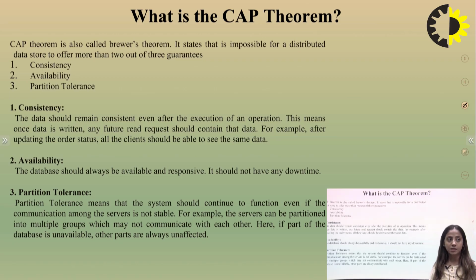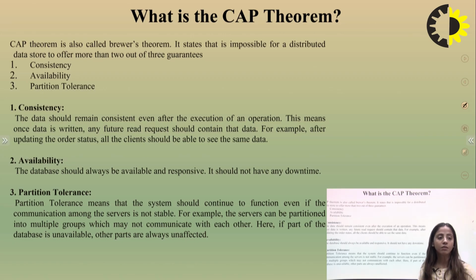In consistency, the data should remain consistent even after the execution of an operation. This means once data is written, any future read request should contain the data. For example, after updating the order status, all the clients should be able to see the same data. Okay. Now what happens in availability? The database should always be available and responsive.